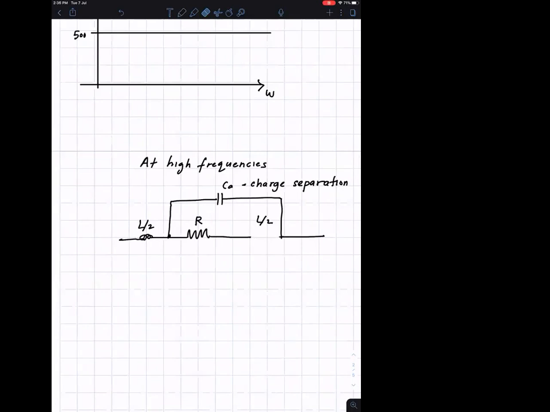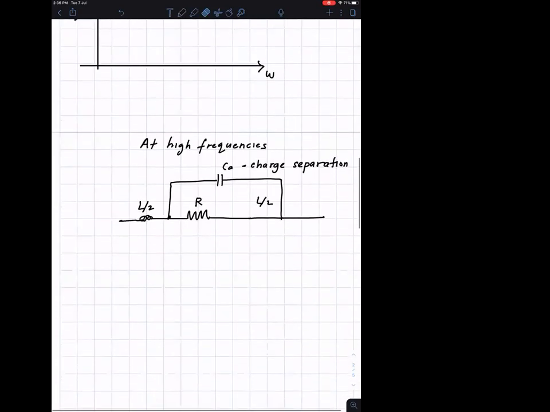So this inductance is outside here. Okay, guys, let me repeat. If you listen to these things carefully, it's going to be very easy.